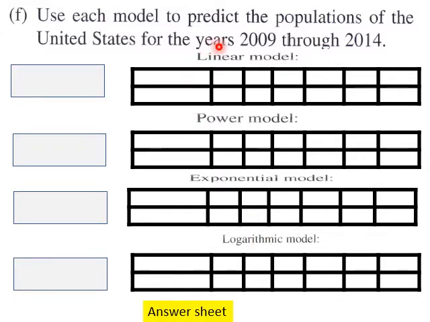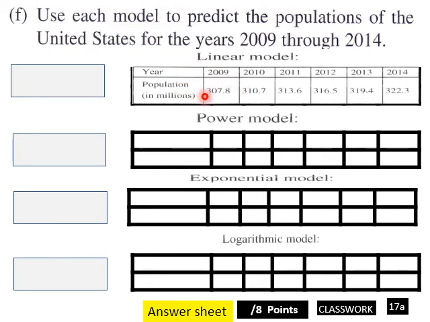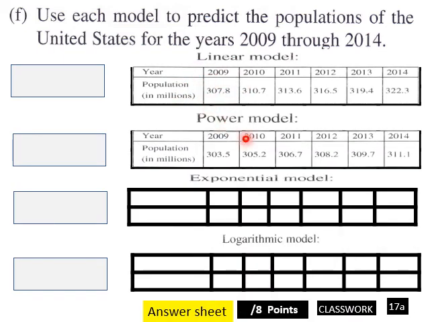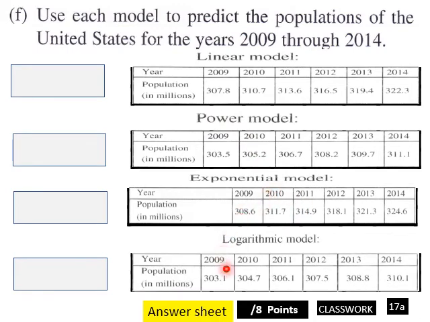And then for your tables here, tables here for 2009 through 2014. Here's your table for your linear model, your power model, your exponential model, and then your logarithmic model.